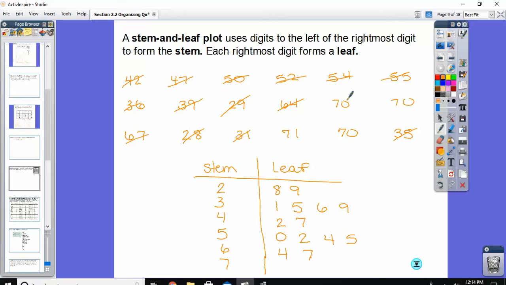And then my 7s, I had 3 70s, so I have to list 0 3 times, and then we had a 71. And I think I cut them off.